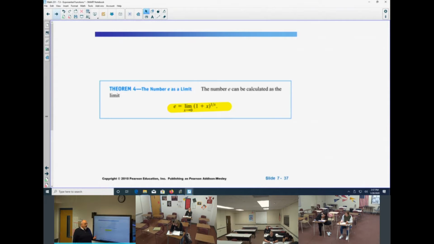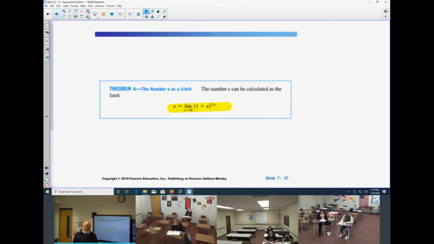It's kind of weird because you might say, well, if you plugged in 0, 1 plus 0 would give you 1. 1 over 0 would approach infinity. So 1 to the infinity, what would that be?